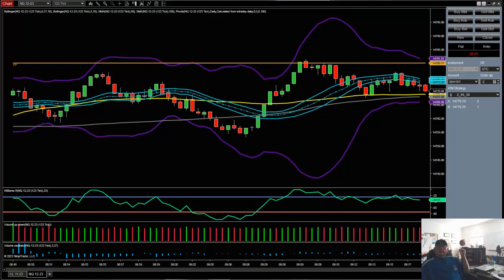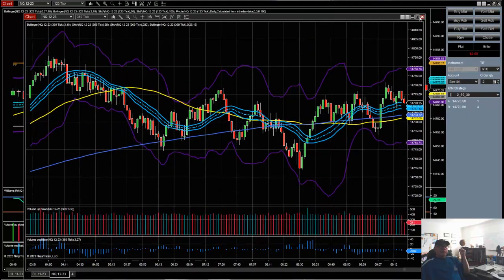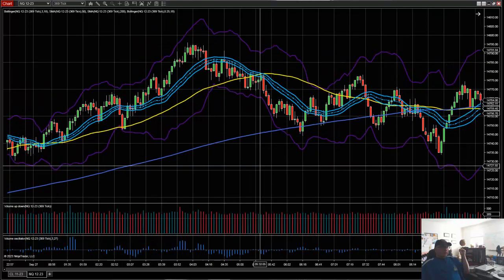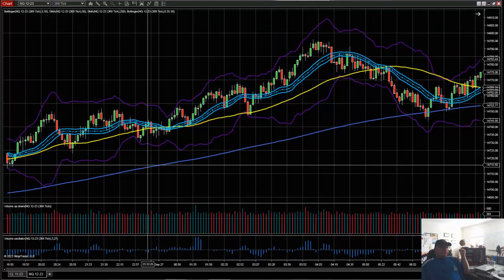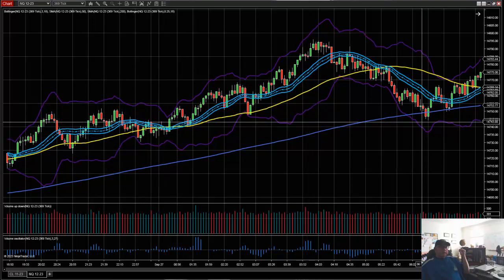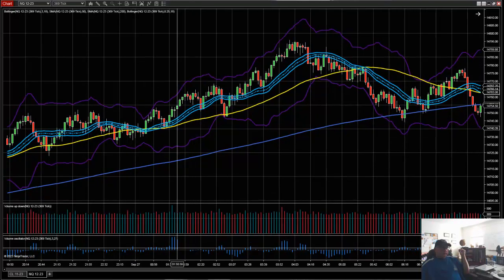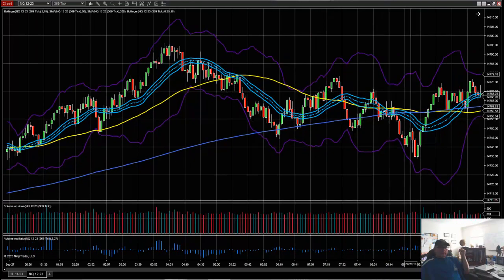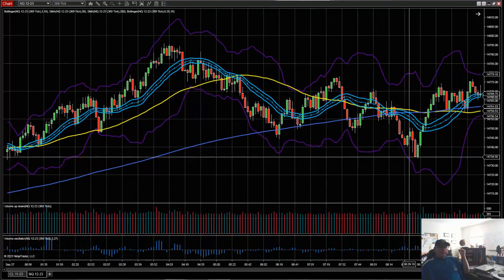Alright, looking at the 369 tick chart. Let's go back and look. So what we see, here's the beginning of the day. Going up, coming back down. Some volume going through here, some right here.